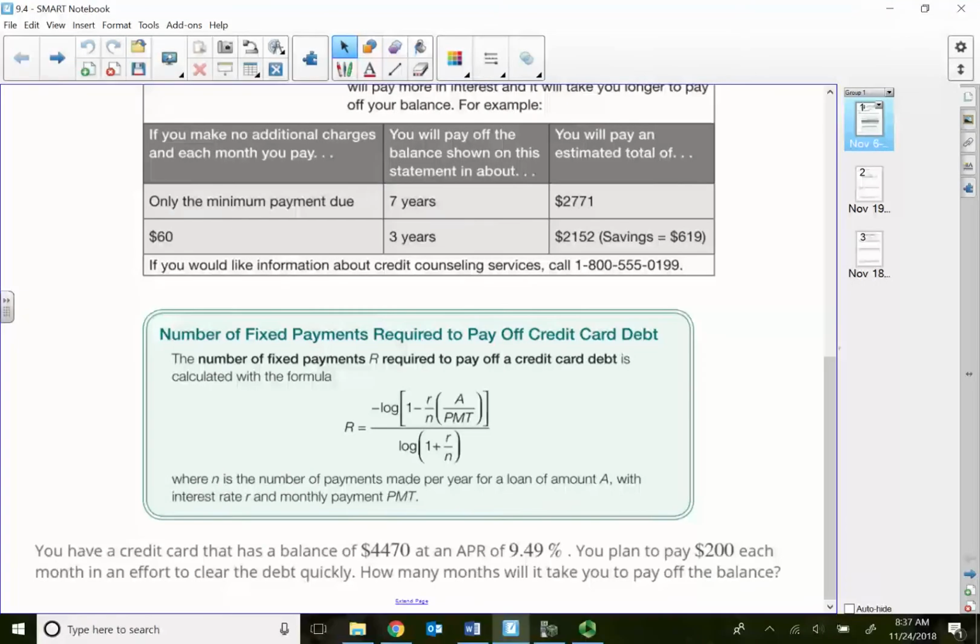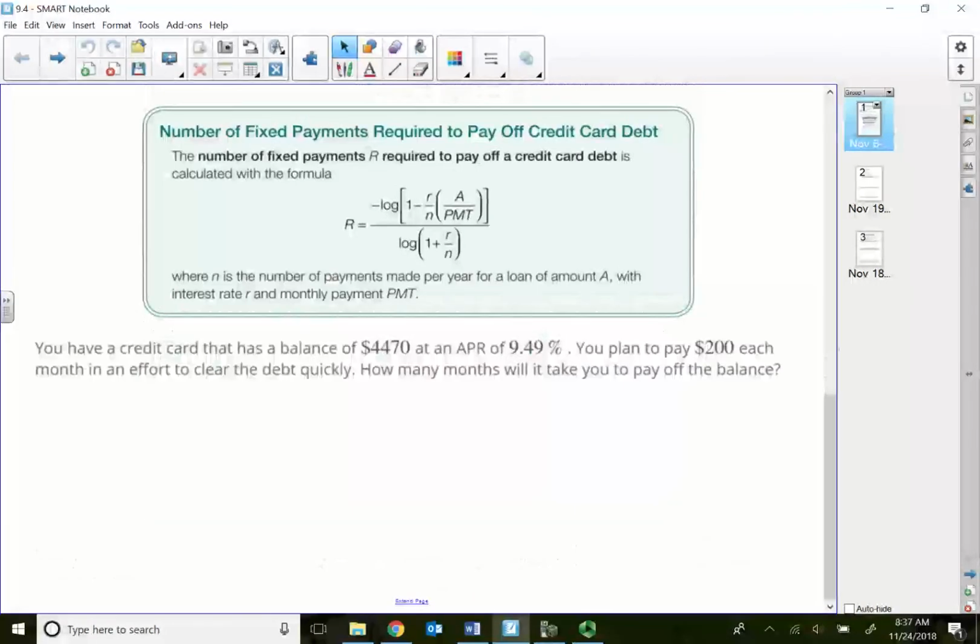Let's say we're not going to use the credit card anymore. Right now we have a balance of $4,470 with an APR of 9.49%, and we are planning on paying $200 each month in effort to clear the debt quickly. So how many months will it take?